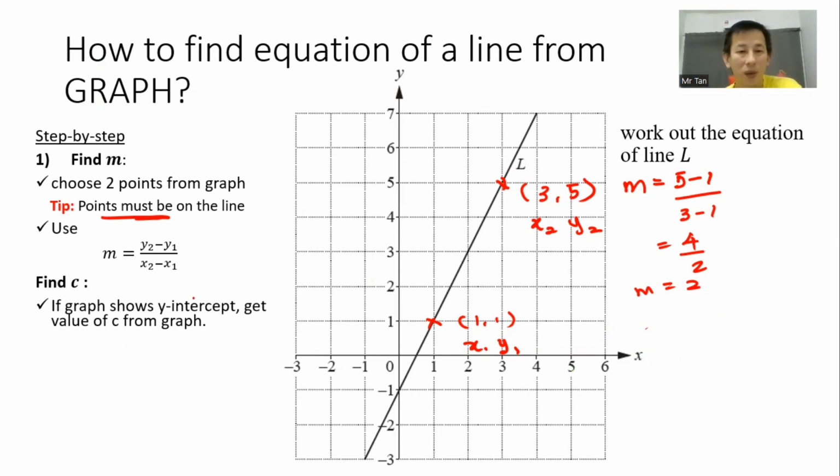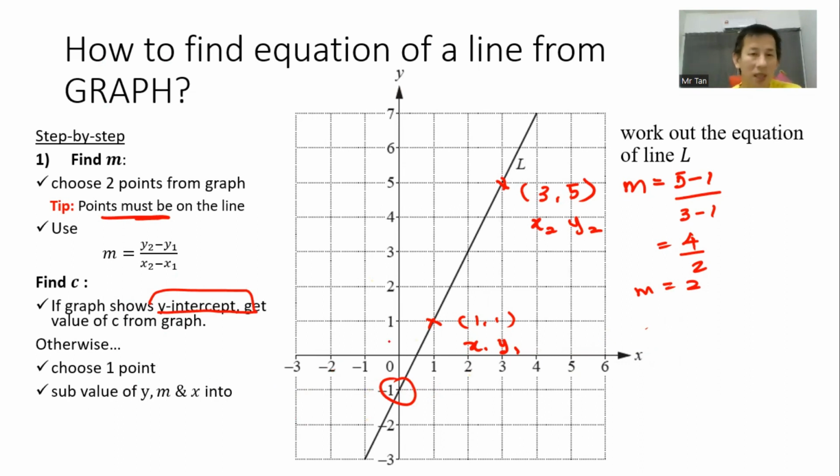If the graph shows your y-intercept, which means here is the y-intercept, then you can just take this. Otherwise, you just pick one point and do the same as previous. So here your c is just equal to -1. So your equation is y equals 2x minus 1.